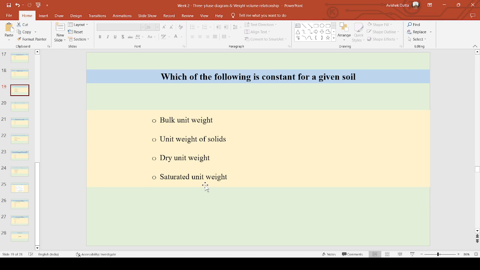Options are bulk unit weight of solids, dry unit weight, or saturated unit weight.